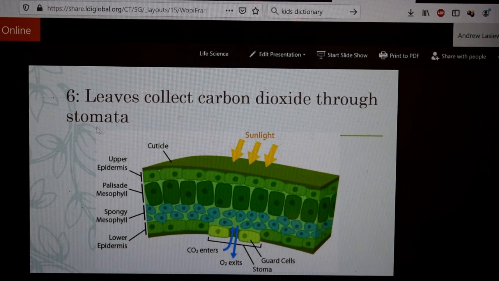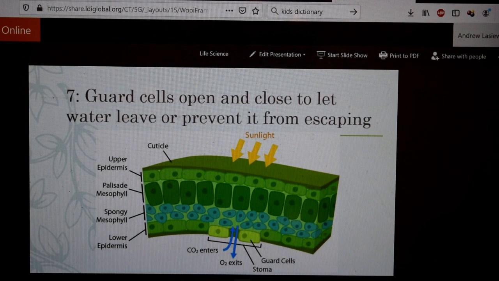Those little holes are called the stomata. Through the stomata, water doesn't get released. It's just letting in the carbon dioxide. We don't need to know the exact way that works, but have a good idea of that.